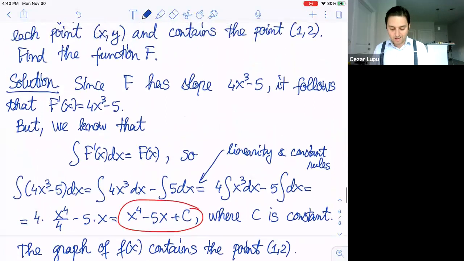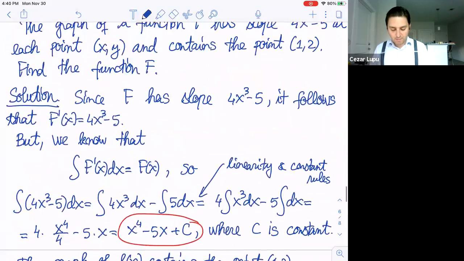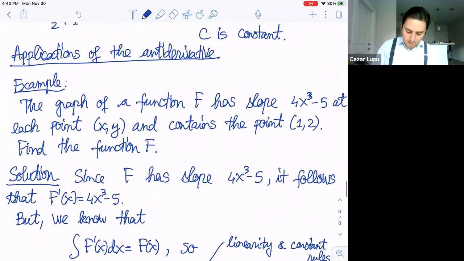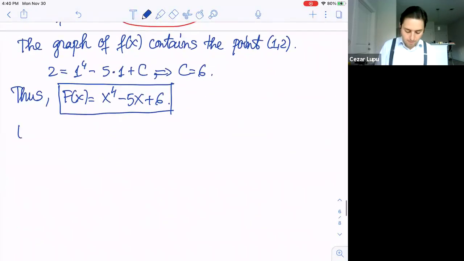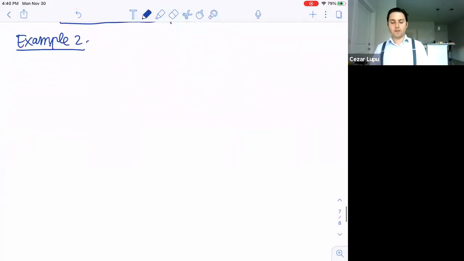Now let's see another application, even more interesting, I would say. So the second application. So let's say this is example 1, example 2. And this is more like physics.